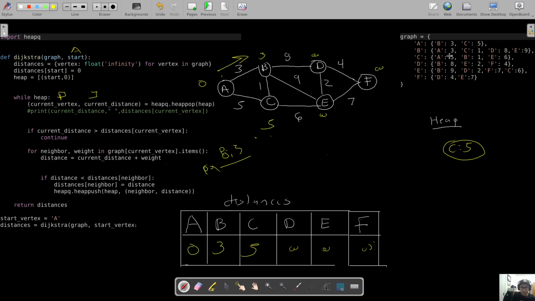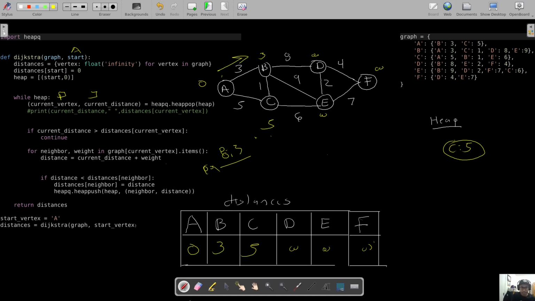We can skip A. We know we can skip A. All right, we're just going to go C, D, and E. We're going to focus on those. C, D, and E. Okay.